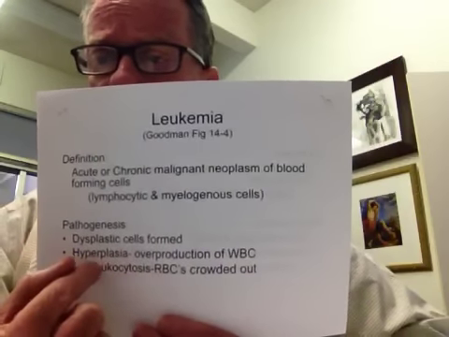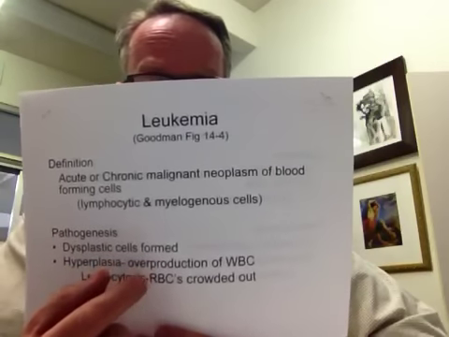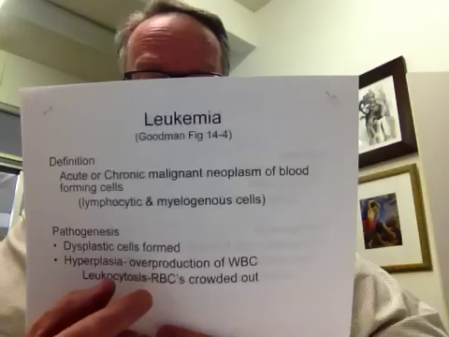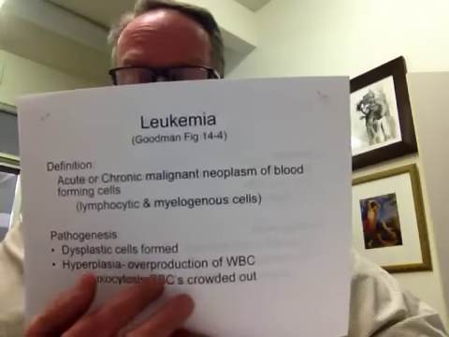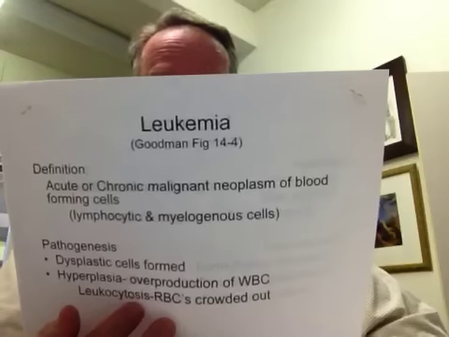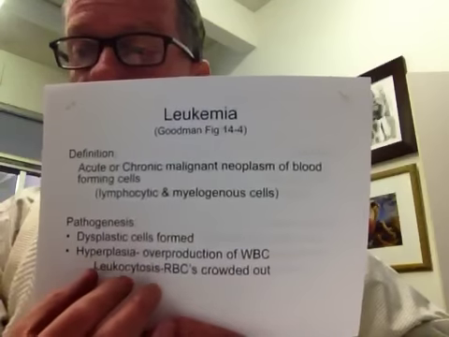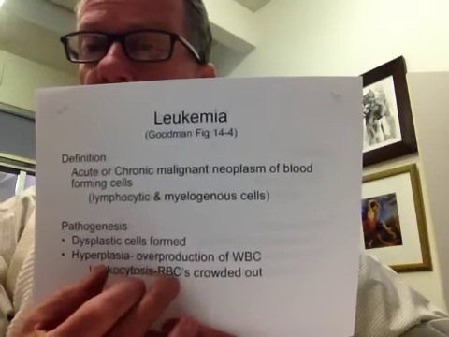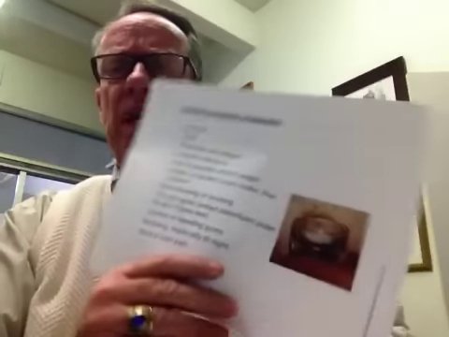Overproduction of white blood cells leads to leukocytosis. And in the process of too many white blood cells, the red blood cells get crowded out. So you can imagine that a person manifests deprivation of oxygen because their white blood cells proliferate so greatly. Here's a list.